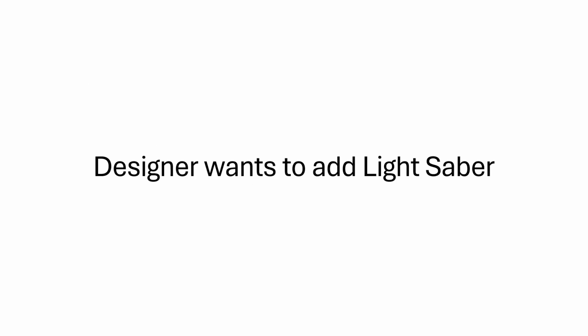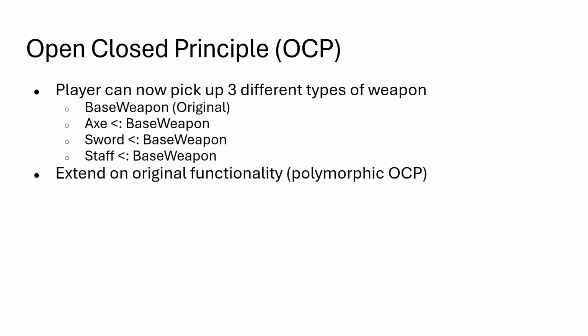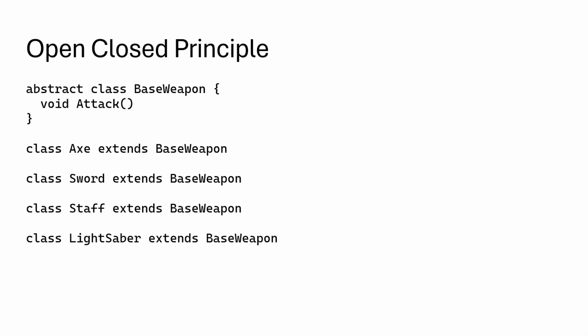So instead, what we would do is design a base class, we call it the base weapon for simplicity, which every weapon-specific implementation would inherit from. So it extends on the original functionality. In code, you're going to have this base weapon class that has the attack method in it.